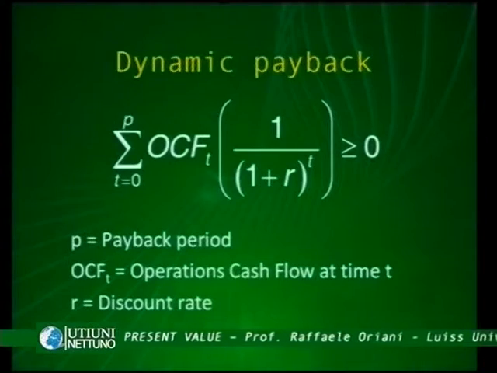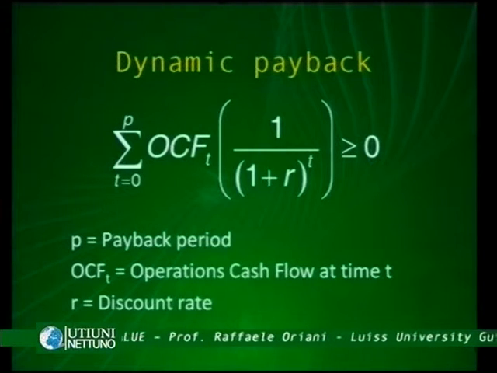But we have to remember that anyhow, even though we are correcting for the discounted value of operating cash flows, the payback period, even in the dynamic version, still keeps the important limitations that we observed for the static payback. Particularly, the main limitation of the dynamic payback period is that once the payback period has been reached, it does not consider all the cash flows that follow.